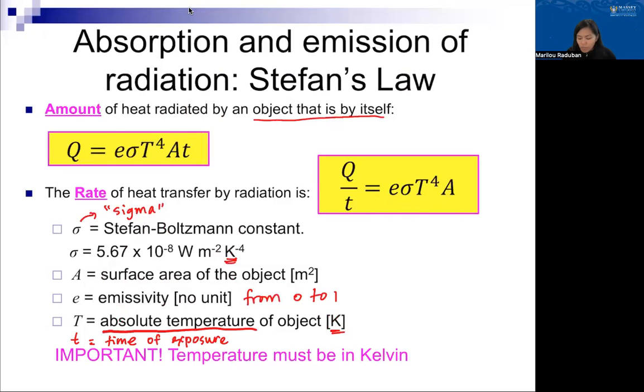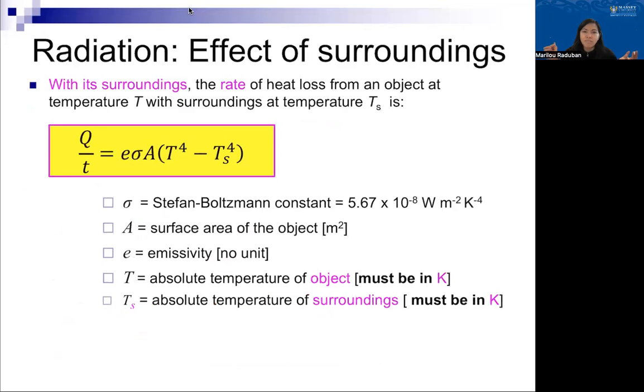But of course, the object will always have a surrounding environment, right? So we also have to consider the surrounding environment of the object. And so the total rate of heat loss from an object is given by this equation, where we now consider the effect of the surroundings or the environment.